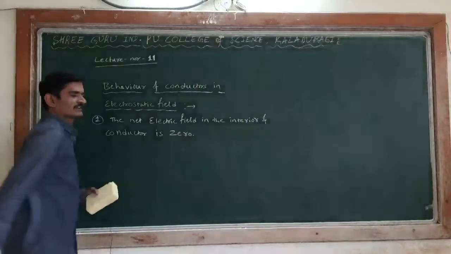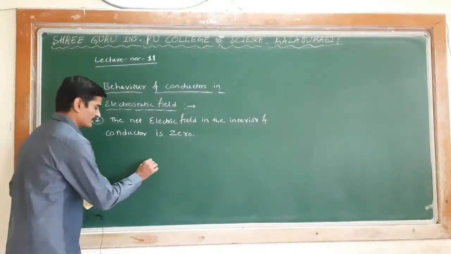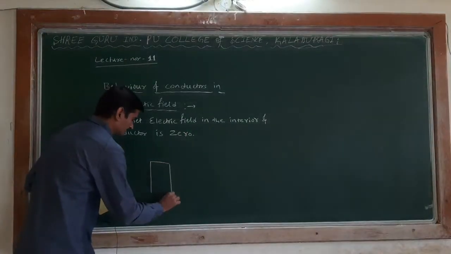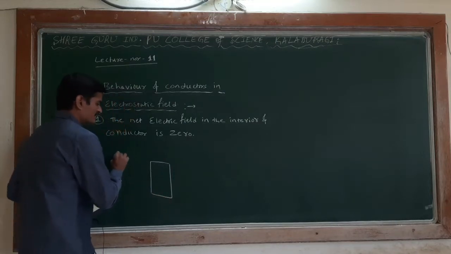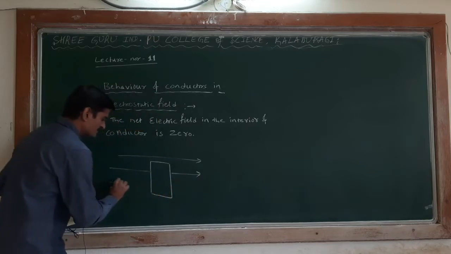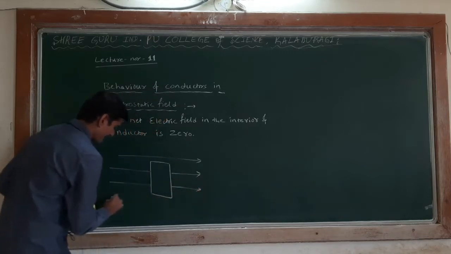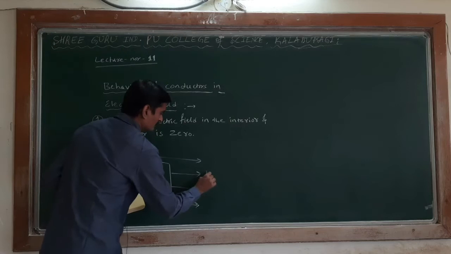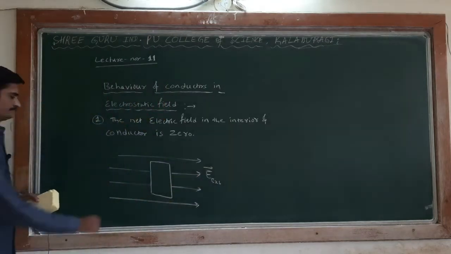Even if the conductor is placed in an external electric field. So let us consider a conductor placed in an external electric field. This is the external electric field applied, and this is the conductor.